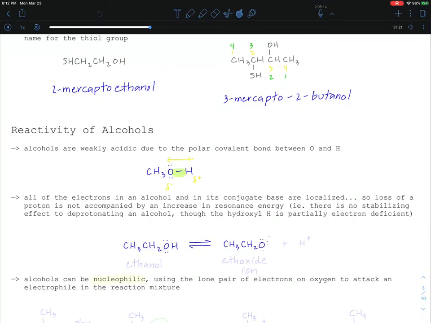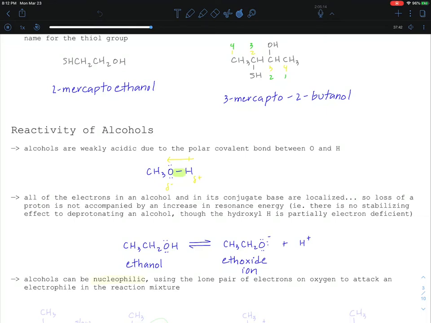And so you'd get the anion, right? And say H plus over here. So we started with ethanol. And over here we have the ethoxide ion.